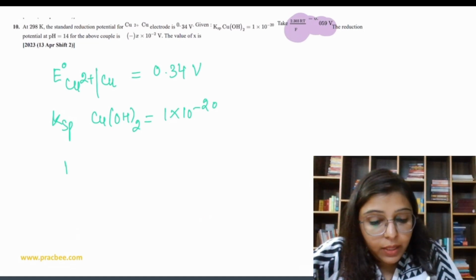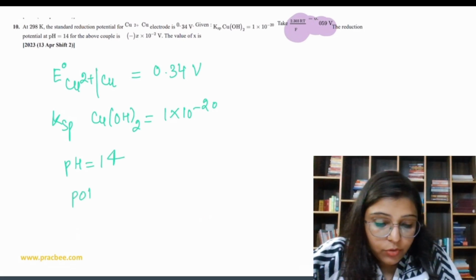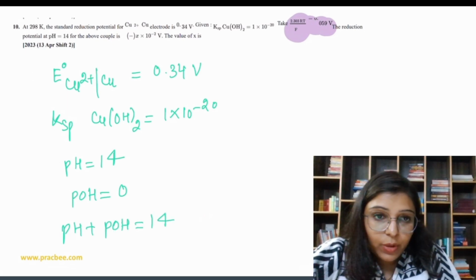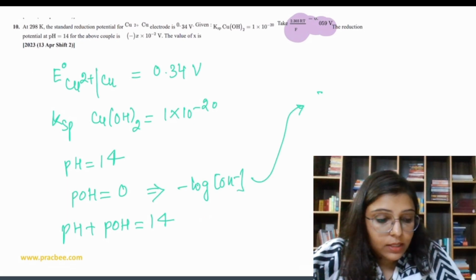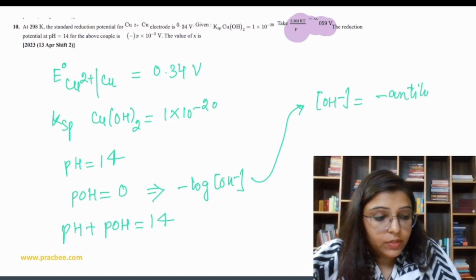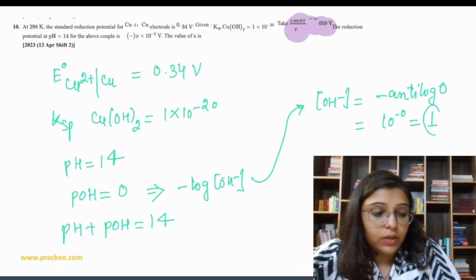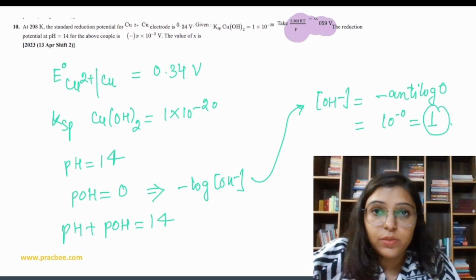Reduction potential at pH 14. pH 14 means pOH value is 0, because pH plus pOH is equal to 14. So if pOH value is 0, pOH is minus log of OH minus, so concentration of OH minus is antilog of 0, which means 10 to the power 0, equal to 1. So concentration of OH minus is 1.